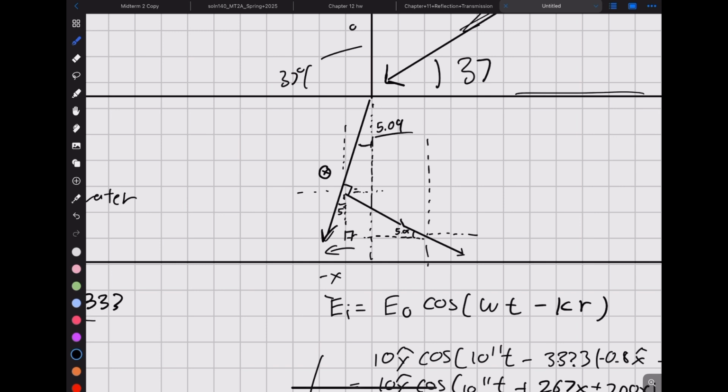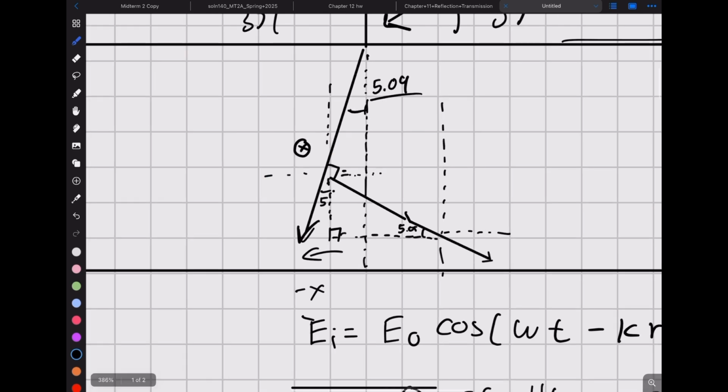So this is 5.09, this is 90 degrees. This right here is also 90 degrees because it's perpendicular. So this is going to be a value that's not this 5.09, and we'll just call it x. If this value is not 5.09, then in this right triangle where it has to add up to 180, this will be the 5.09 angle here.